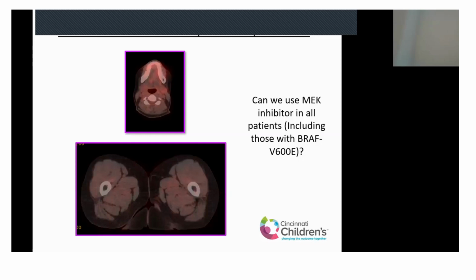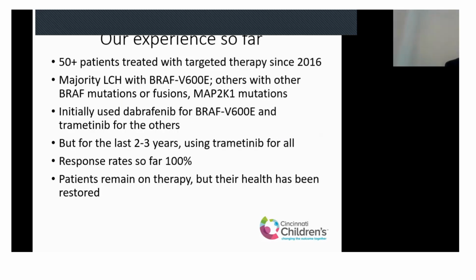If we select a BRAF inhibitor for those who have BRAF V600E, and a MEK inhibitor for all the others, our experience and learning gets diluted. It will take about 20 years for us to learn enough about one drug for one condition, another drug for another condition. I don't think it's fair to make patients wait when there is an option available. That's our approach, purely because of numbers.